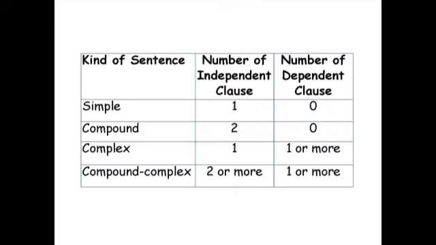Then, the compound sentences now need two independent clauses, but then again, no dependent clause. Next, complex sentences need one independent clause and one or more dependent clauses. And finally, compound complex sentences need two or more independent clauses and one or more dependent clauses also.